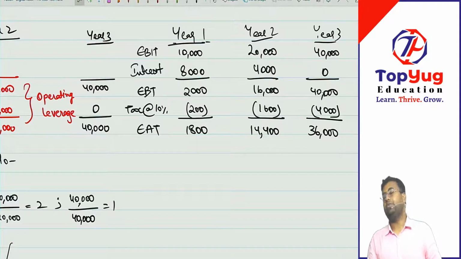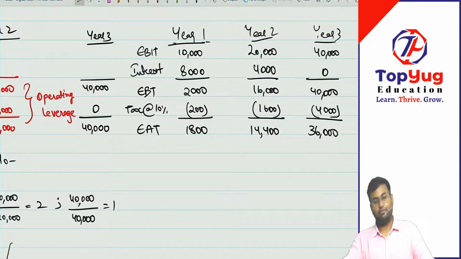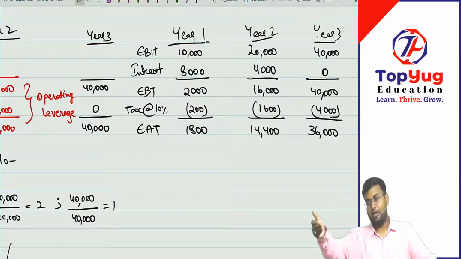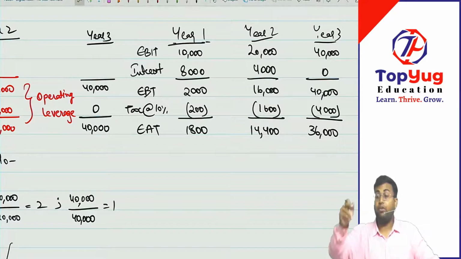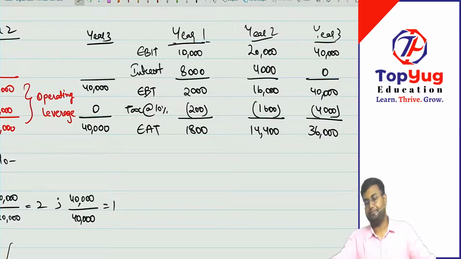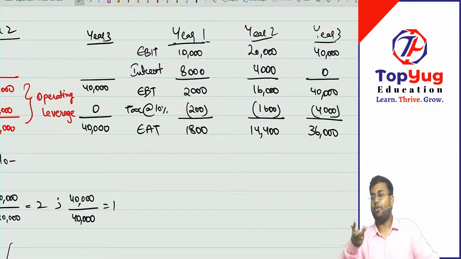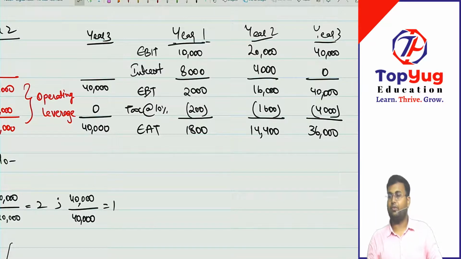Now tell me, how do we calculate degree of financial leverage? You very well know how we calculate the degree of operating leverage: contribution by EBIT. Yes or no? Now why only contribution by EBIT? Why not sales by contribution? Sales and contribution, what is the difference? Variable cost.